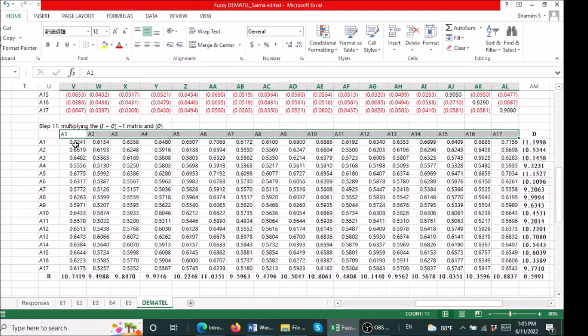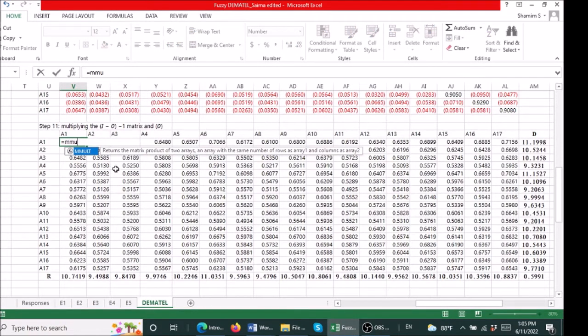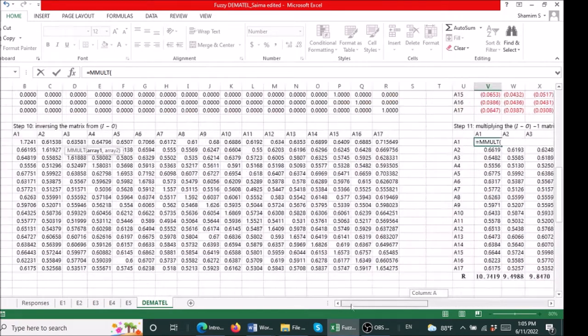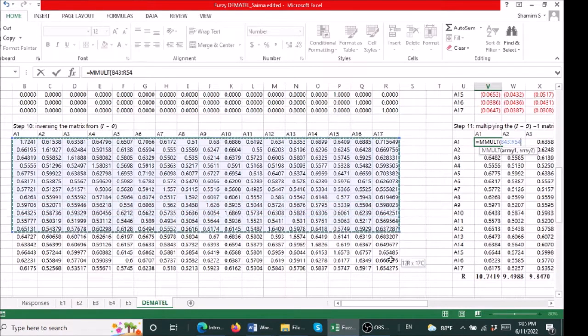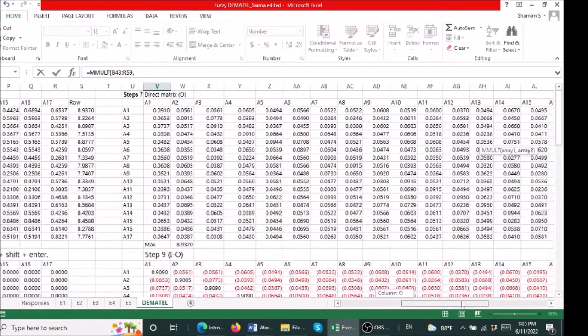Then here equal MMULT, double click. So first array and second array. Now this one is the inverse matrix, then comma, and come to the direct matrix, right? This one.